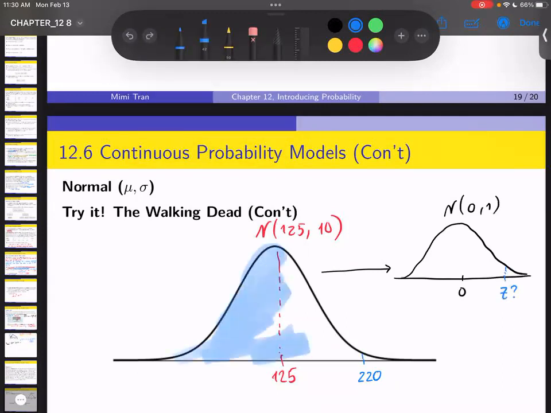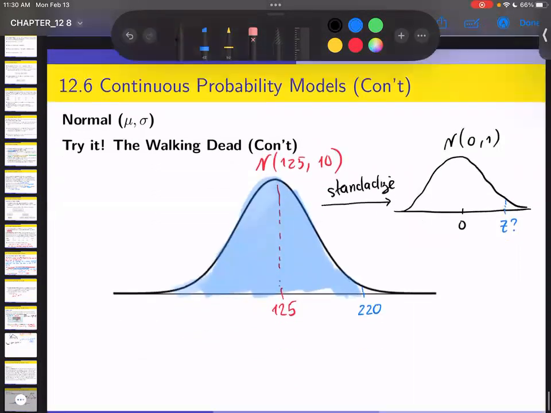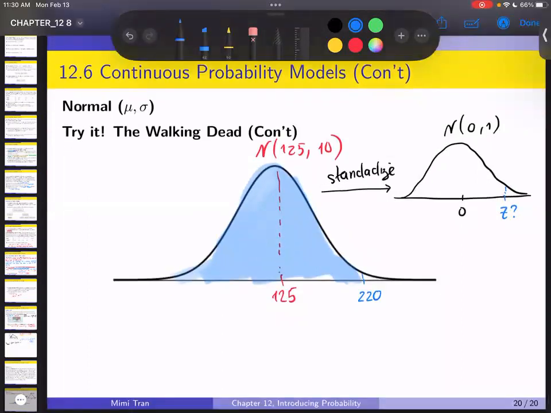Remember the formula? Z equals, you standardize it, Z equals x minus mu divided by sigma.